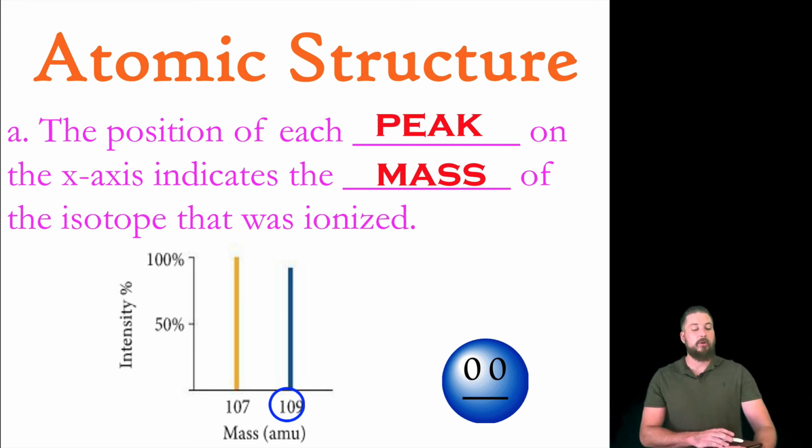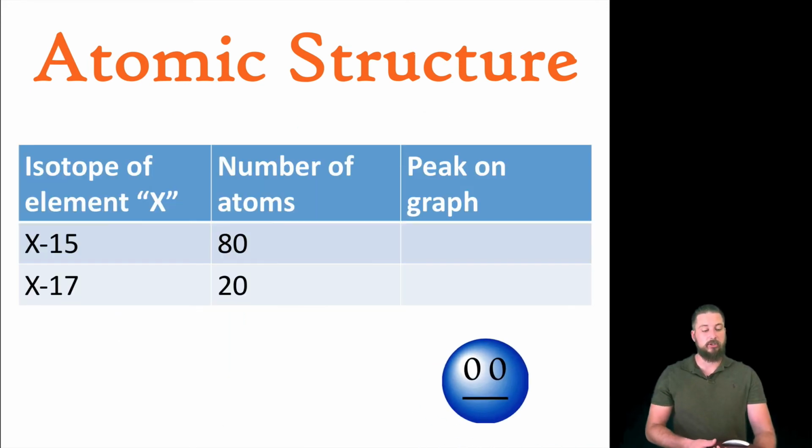And so let me talk about how we get that 100% and how we get the other one. So let's say we have element X. And let's say that we take element X and we put it through the mass spectrometer, and let's say that there's 80 atoms of X15, so it's whatever element X is that has a mass of 15, and then there's 20 atoms of element X17. And so what will happen is the mass spectrometer will say that 80 atoms, which is the most abundant, is 100%.